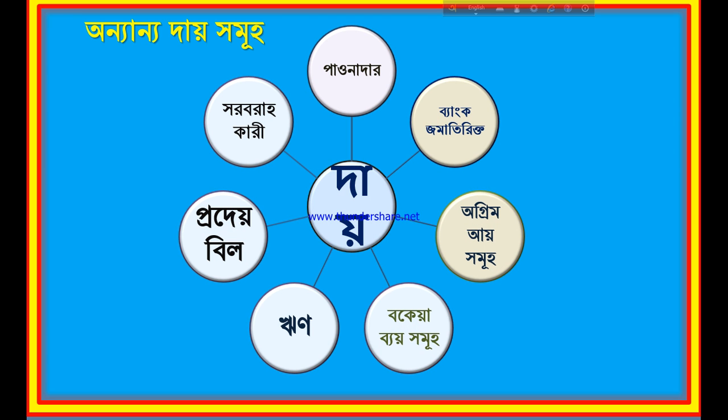Besides, there are so many liabilities. These are creditors, bank overdrafts, advance income, due expenses, loan, accounts payable, suppliers, product suppliers on credit.